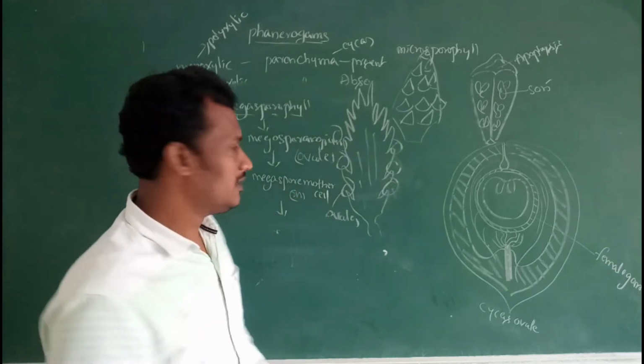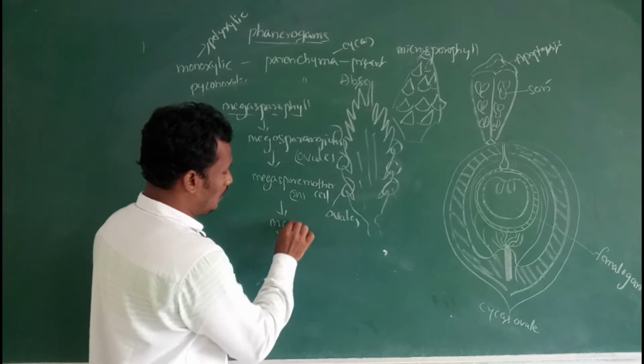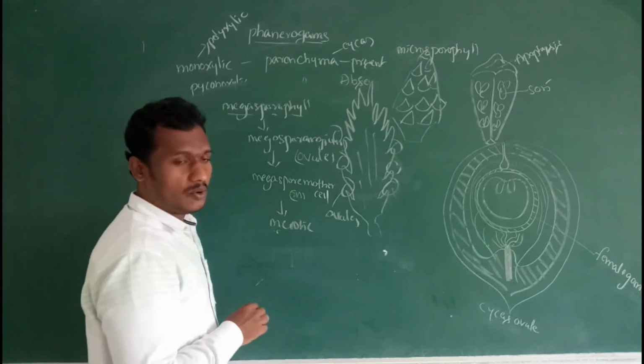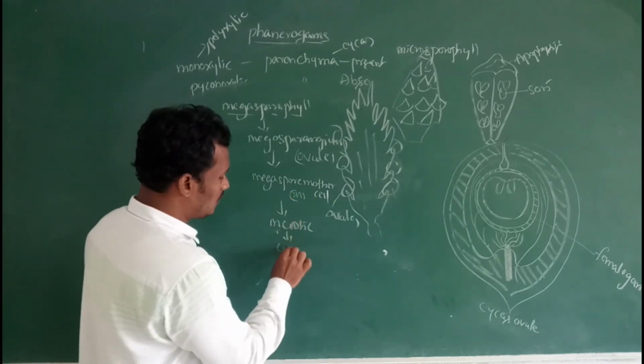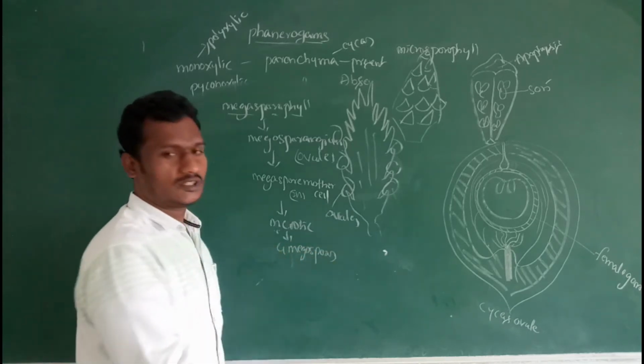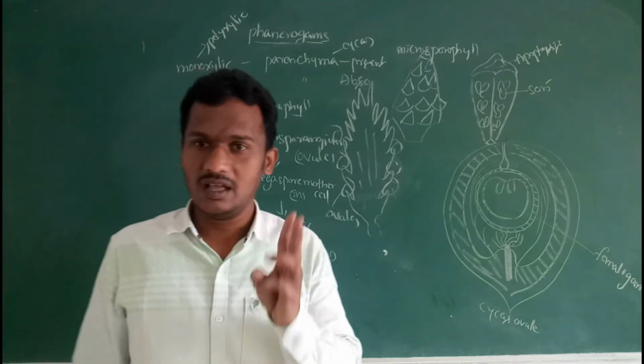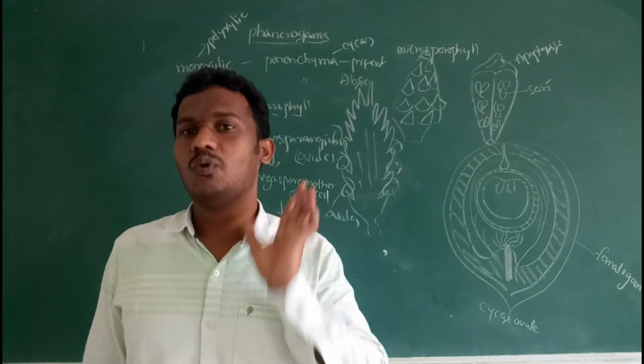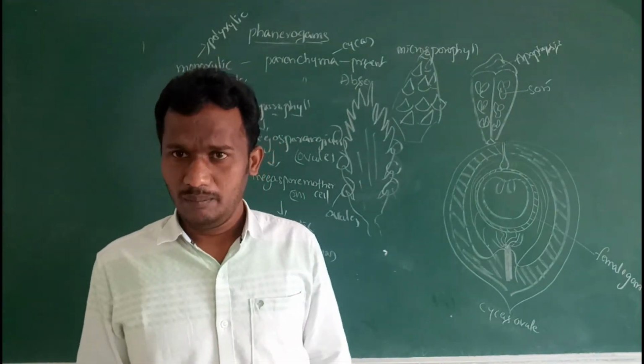Then the megaspore mother cell undergoes meiotic division to produce four megaspores. Out of these four megaspores, three degenerate. Only one is a functional megaspore.